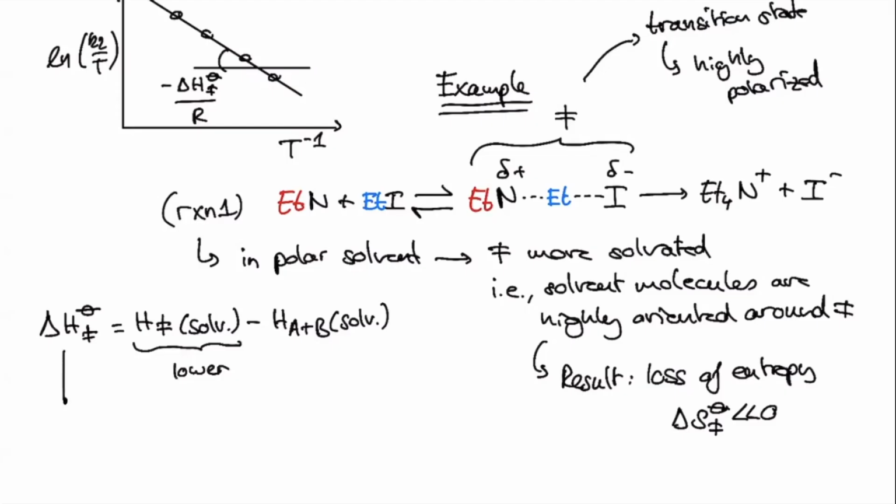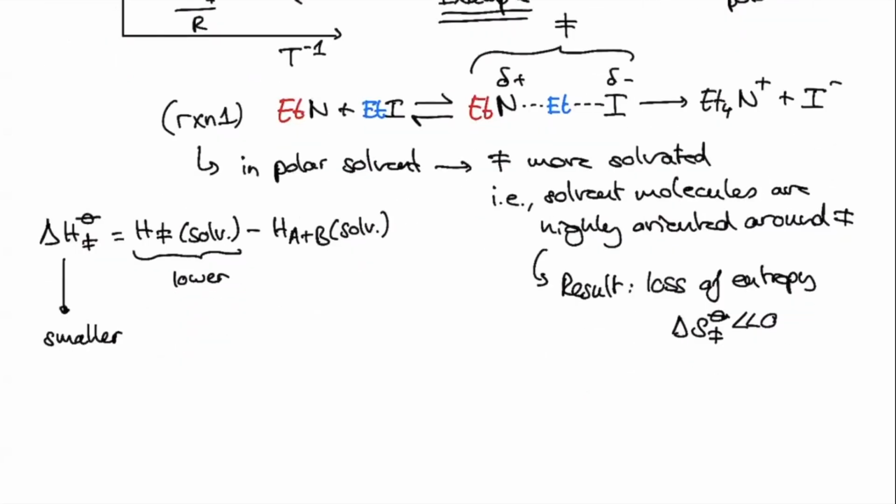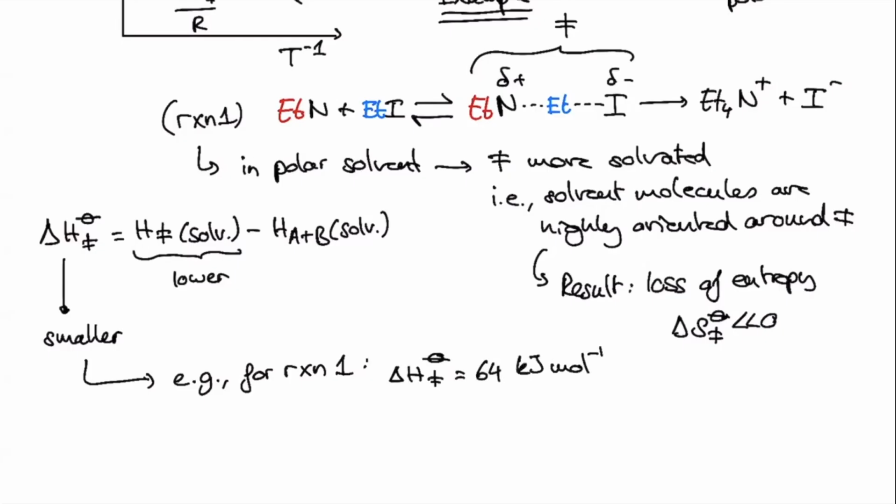So the result is that delta H of the transition state is smaller. So if we look, for example, for reaction 1, we have delta H of the transition state is 64 kilojoule per mole in N-hexane.